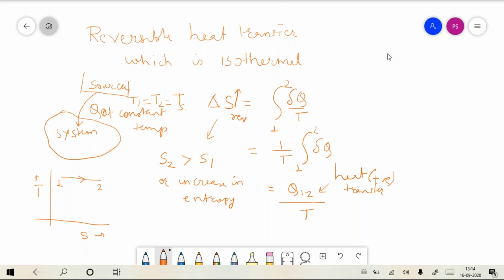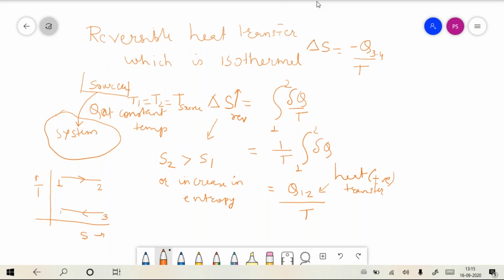What if there is a heat rejection? In that case, in such a reversible heat transfer, delta S would be minus Q, let that process be 3 to 4, for example, upon T. This can be represented on the TS plot like this: since the temperature is constant, it would be a horizontal line, and the entropy at 4 would be less than the entropy at 3.